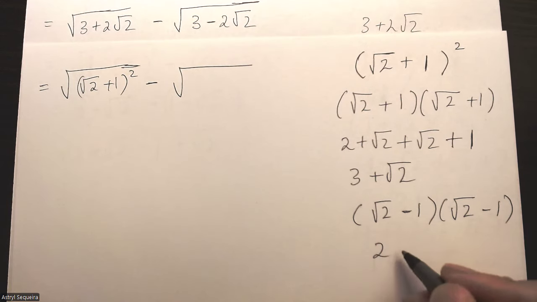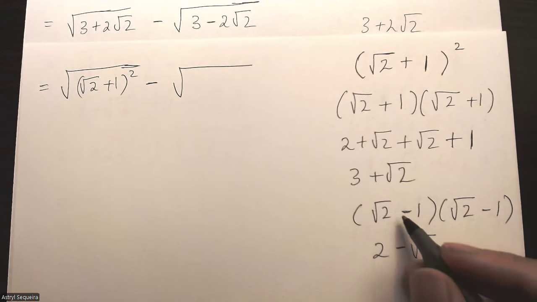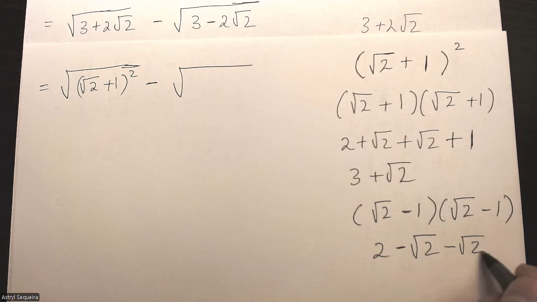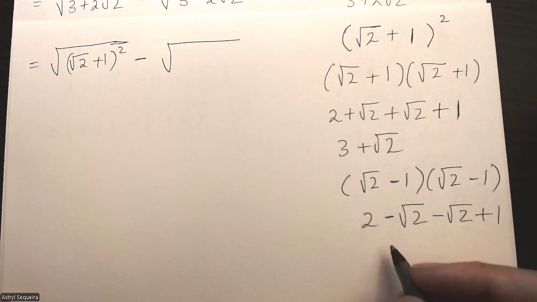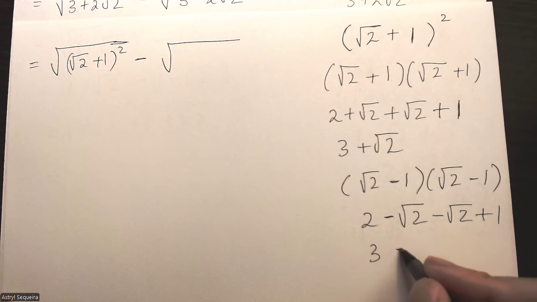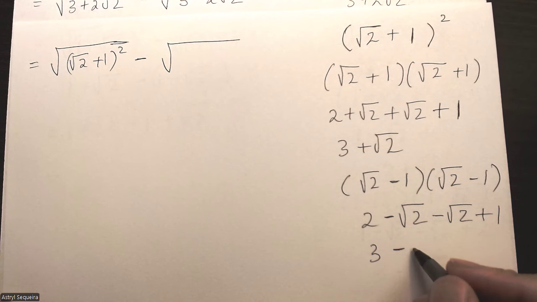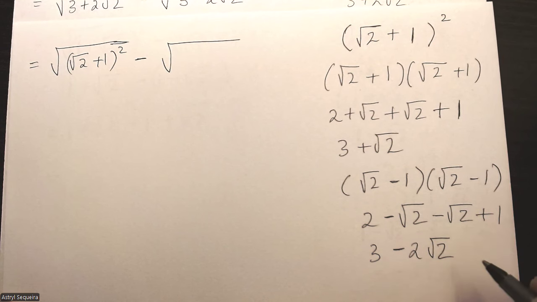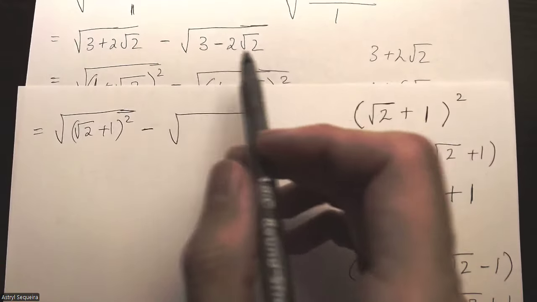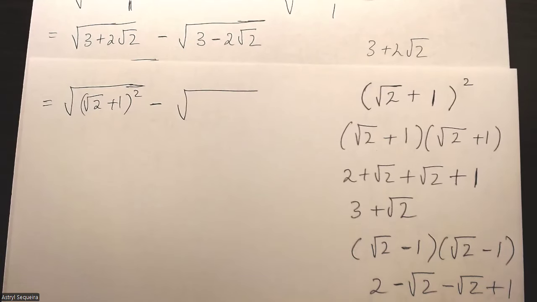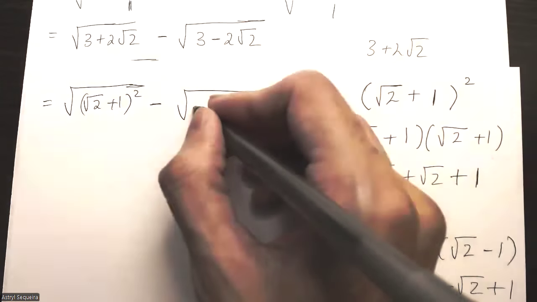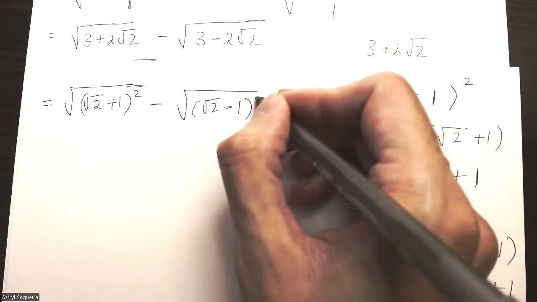Root 2 times root 2 is 2, minus root 2, minus root 2, plus 1. 2 plus 1 is 3, so 3 minus 2 root 2, which does match that bracket over there. So I'm going to replace this with root 2 minus 1 squared.